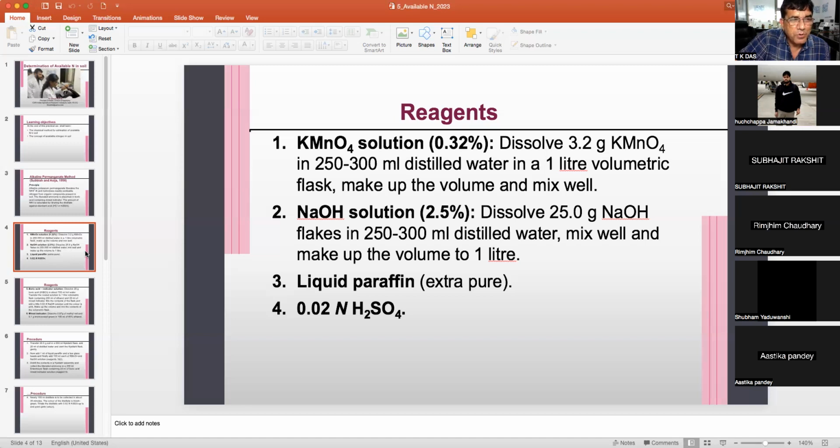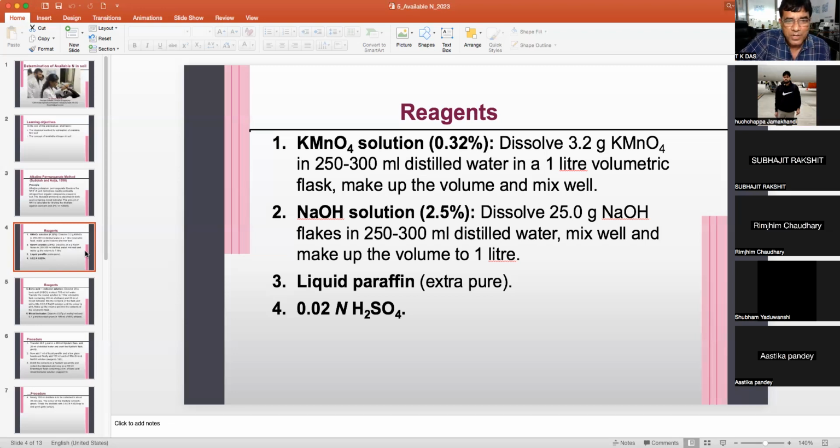If it is 0.02 normal, how can you express it? If 0.1 normal is N by 10, 0.02 normal is... N by 20? N by 100? Do it again, all should do it. N by 50. So this is N by 50.